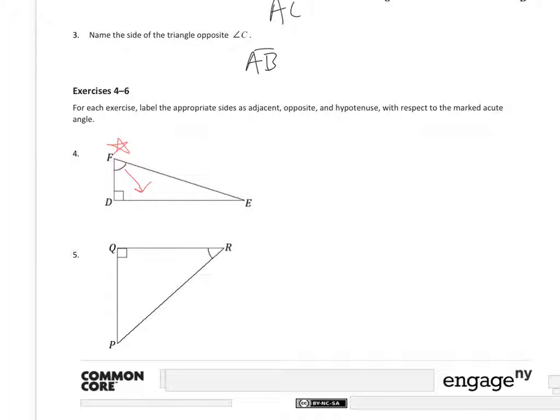So for example, we're given acute angle F, so the side length DE, we would call that the opposite. So I'm just going to put OPP for opposite. The side length directly next to that acute angle F would be called the adjacent, so I'll label that ADJ. And then the hypotenuse we know is always opposite the right angle, so I label that one HYP.